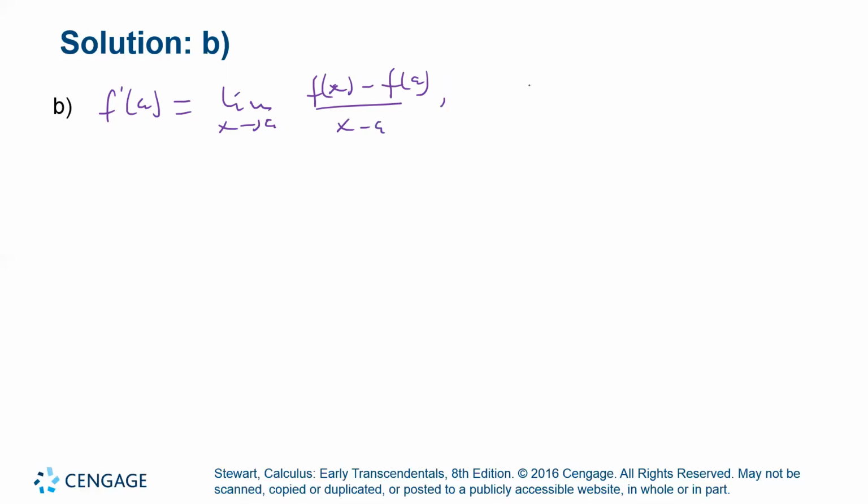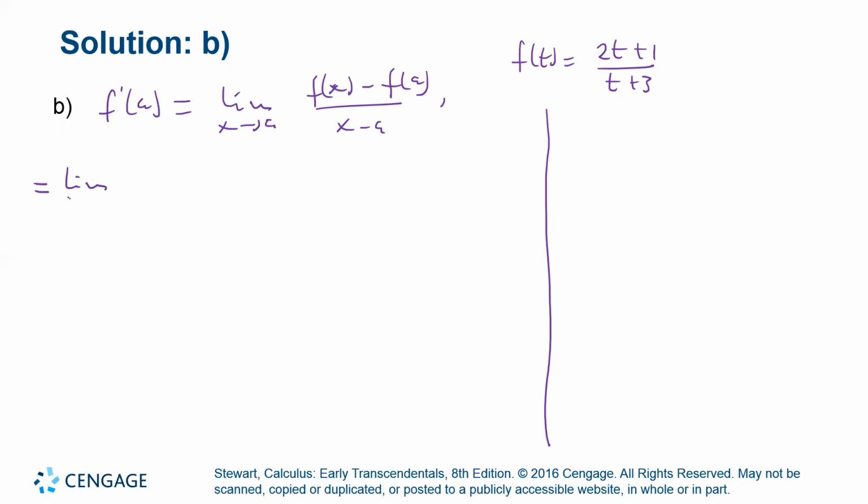Now don't forget our f of x, in this case f of t, is (2t plus 1) over (t plus 3). Okay.